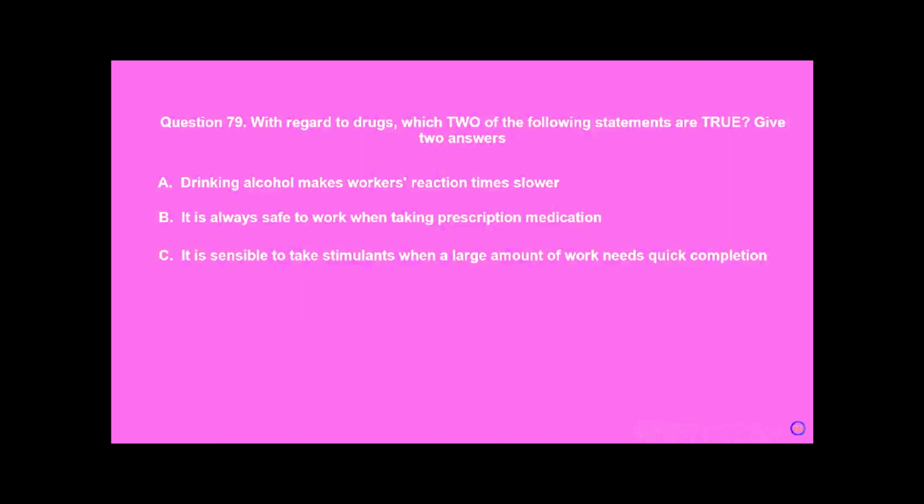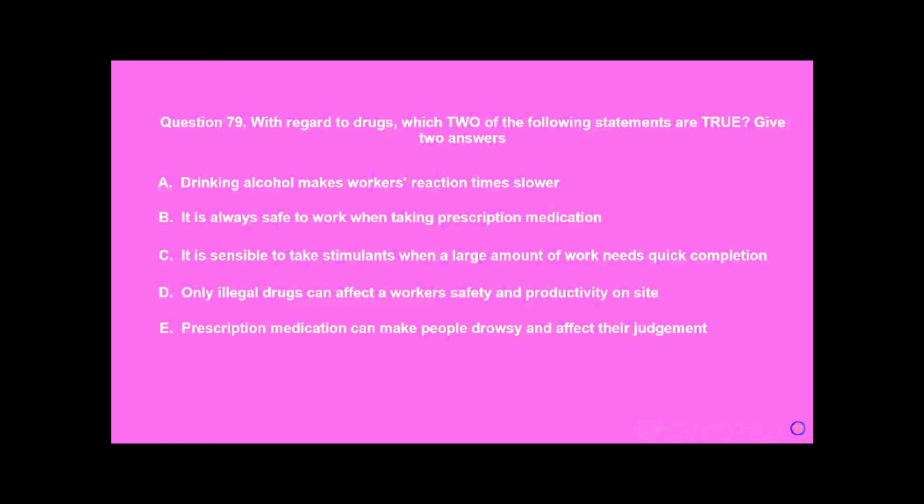D. Only illegal drugs can affect a worker's safety and productivity on site. E. Prescription medication can make people drowsy and affect their judgment. The correct answer is A and E. A. Drinking alcohol makes workers' reaction time slower. E. Prescription medication can make people drowsy and affect their judgment.